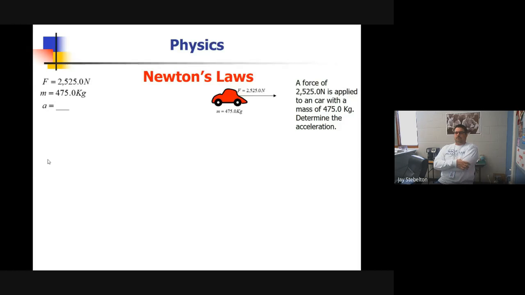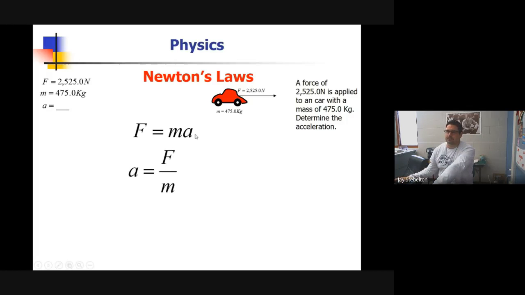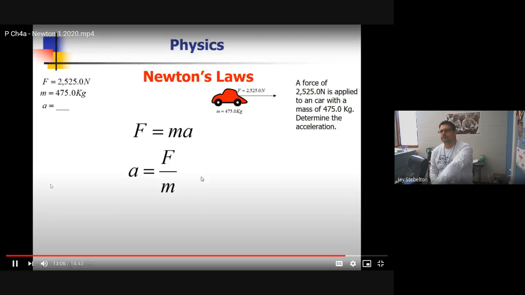What's the acceleration? Well, we're working with the deceptively simple Newton's second law. So my equation is, but I need to solve for acceleration. And accelerations is over here on the wrong side. So I have to get mass from one side to the other. So what do? Add, subtract, multiply, or divide? Correct. Divide by the mass, and I end up with the acceleration is the force divided by the mass.